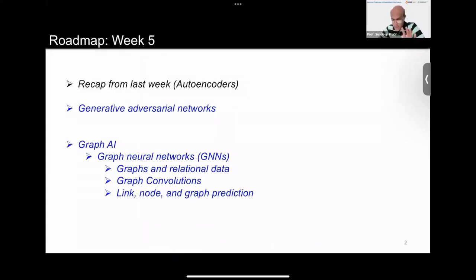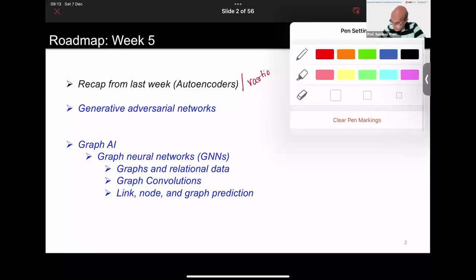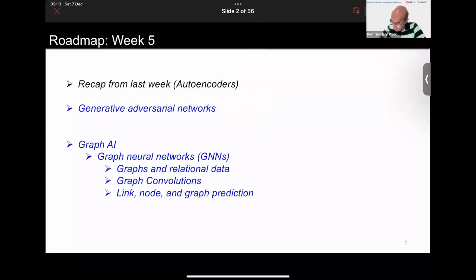But before we do that, we will recap what we did in the last lecture on autoencoders. We will look a bit more in detail into the particular class of autoencoders which are central to the generative models, variational autoencoders.